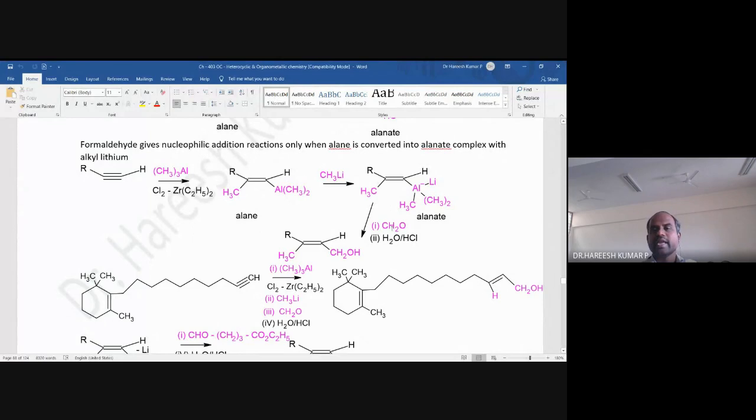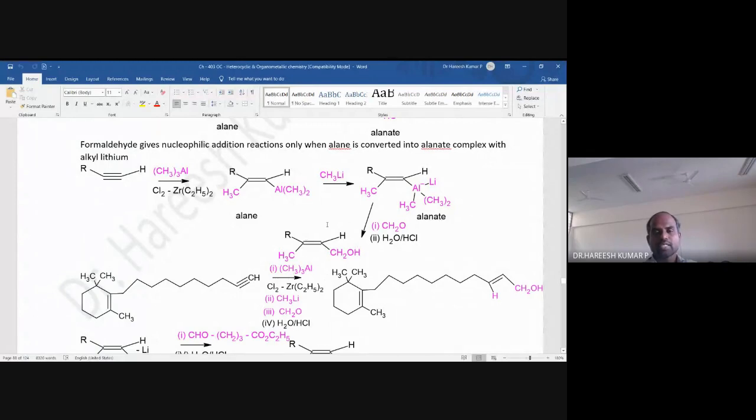Only the alanate reacts with formaldehyde. So once there is a bond formation between this carbon and this carbon, this C double bond O is converted into CH2OH. This is how one can convert a triple bond into this particular compound.